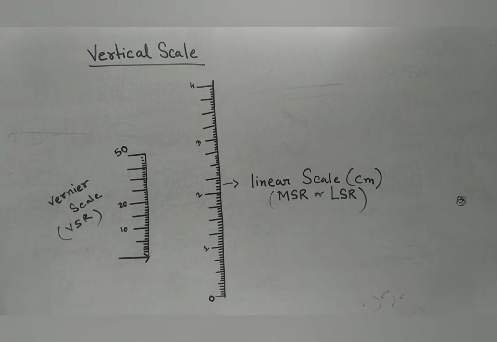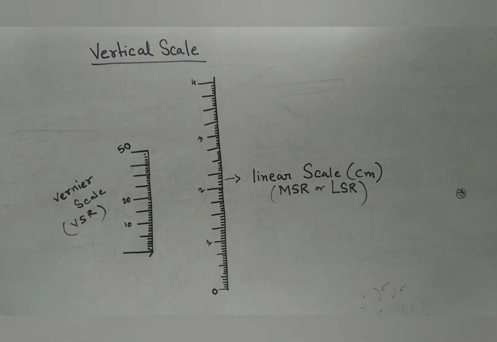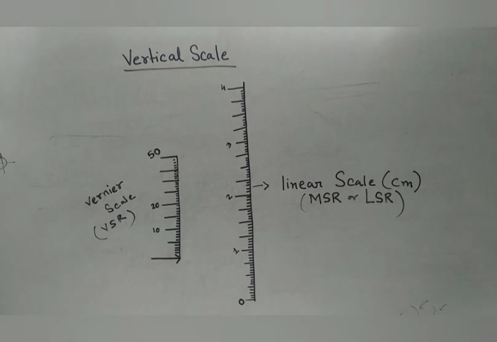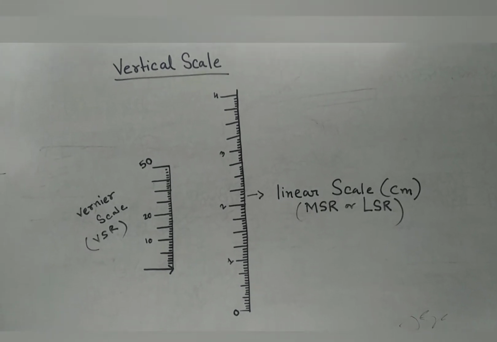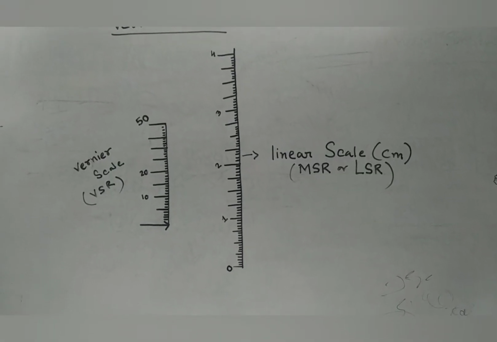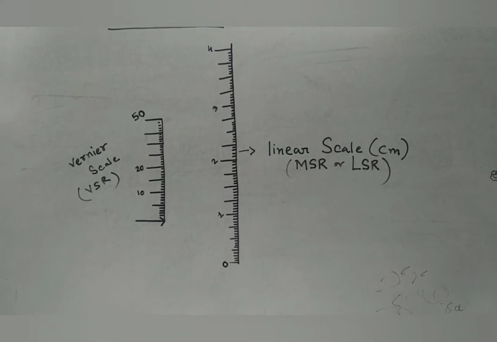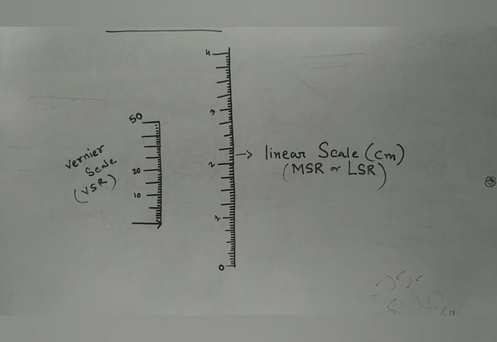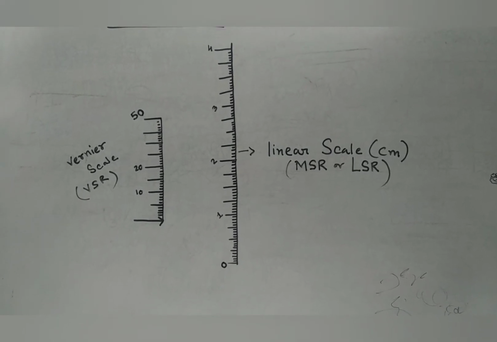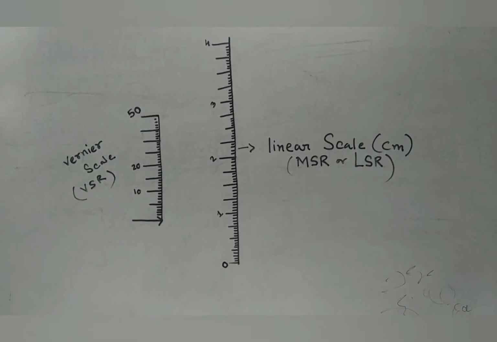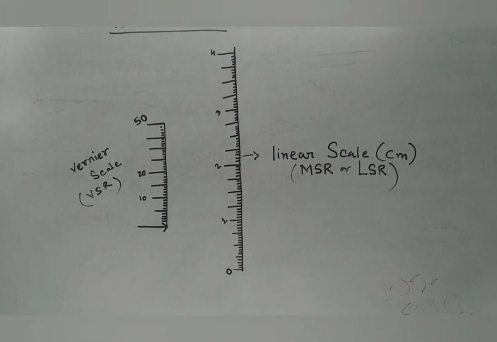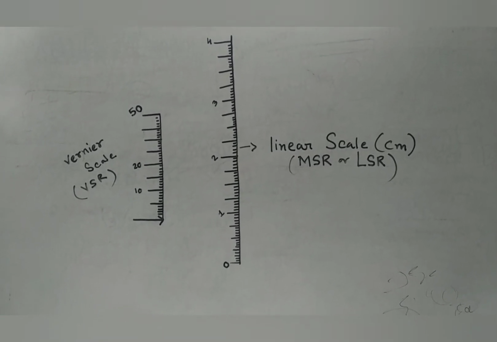Now, for better understanding, look at the diagram of the vertical scale of the traveling microscope. The linear scale runs in centimeter unit, and from 0 to 1 there are 20 divisions. In the Vernier scale, 0 to 50, there are only 50 divisions.